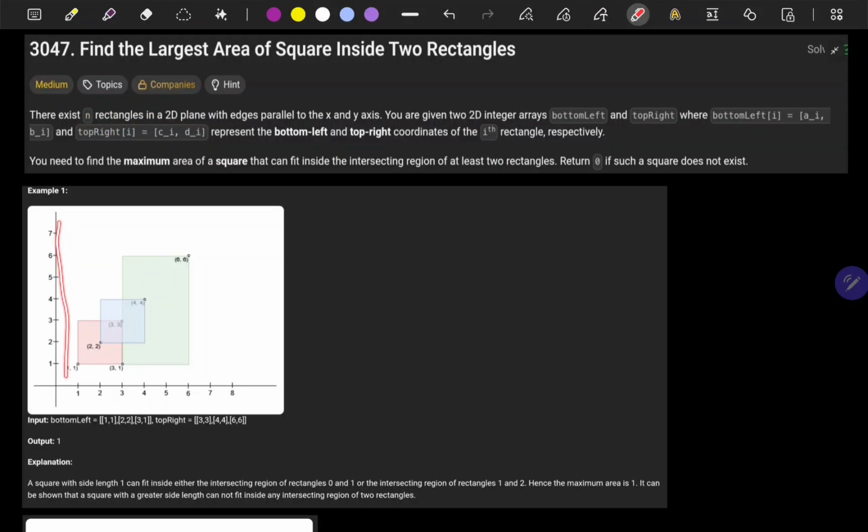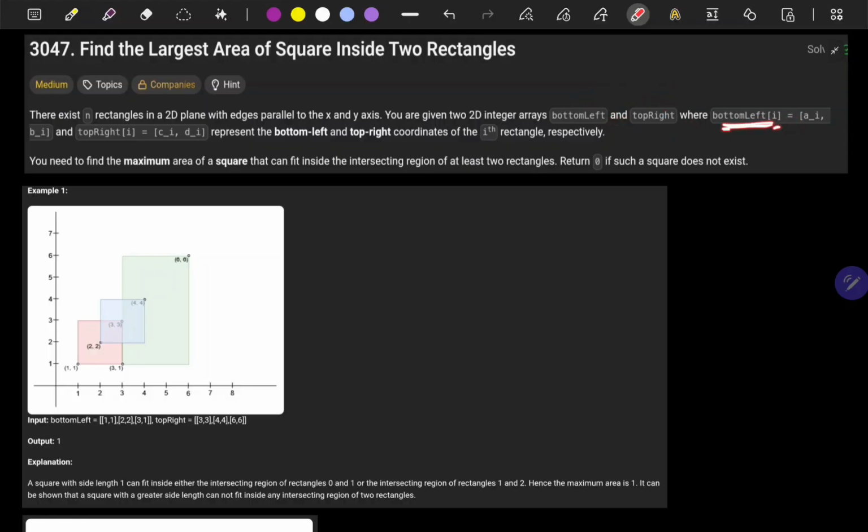For example, this is a 2D plane and there exist some number of rectangles, n rectangles, with edges parallel to the x-axis and y-axis. You are given two 2D integer arrays, bottomLeft and topRight.